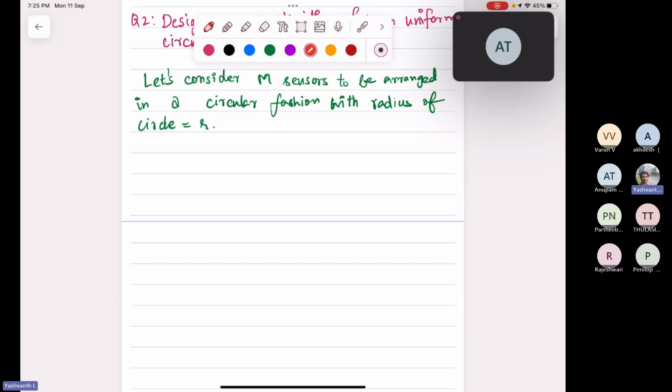Basically, I draw a circle, and then I place the sensors like this. This is called a uniform circular array. Let's say this arc distance is d, then this will also be d, this will also be d. Between any two sensors, the distance is the same. That's why the term uniform is prefixed to the circular array.